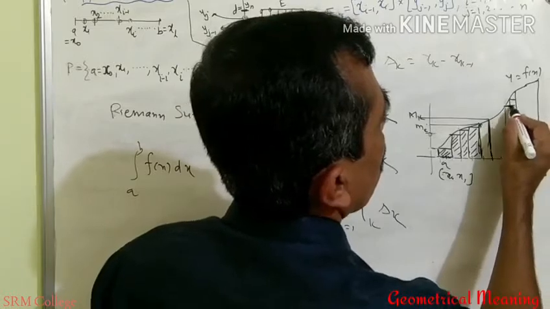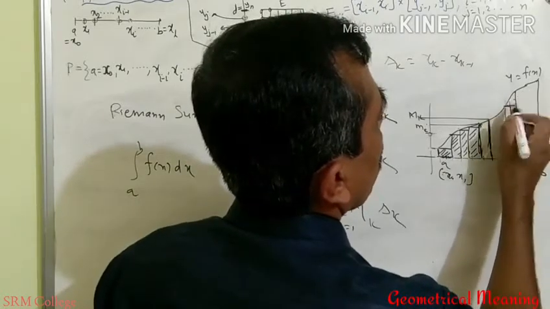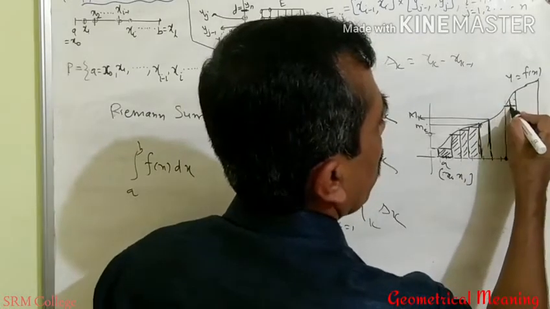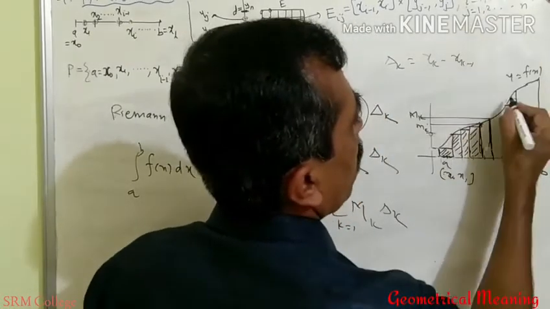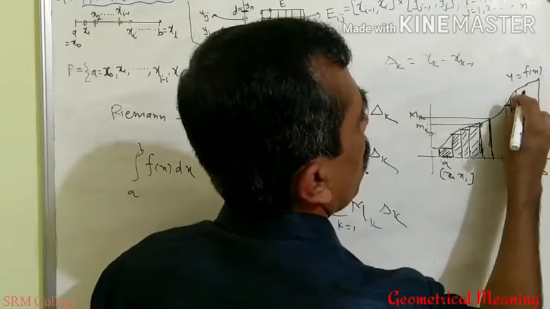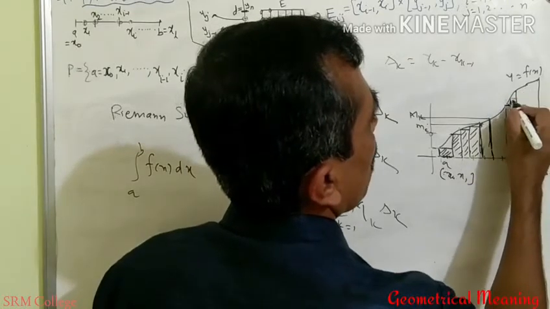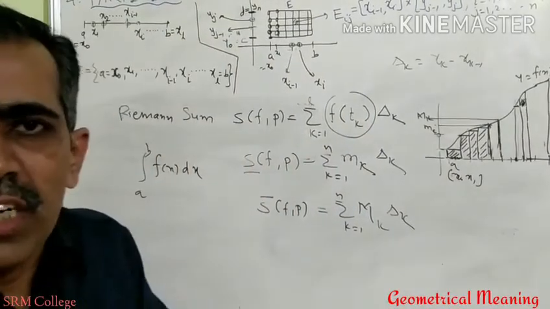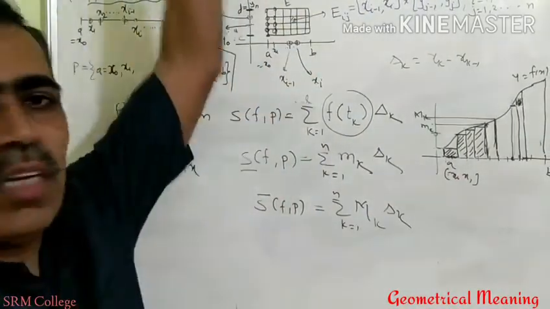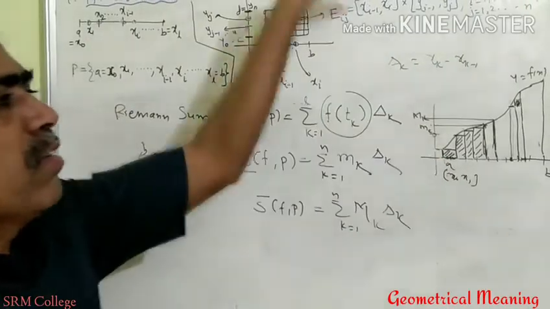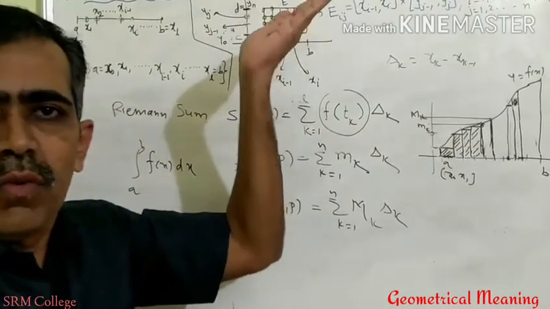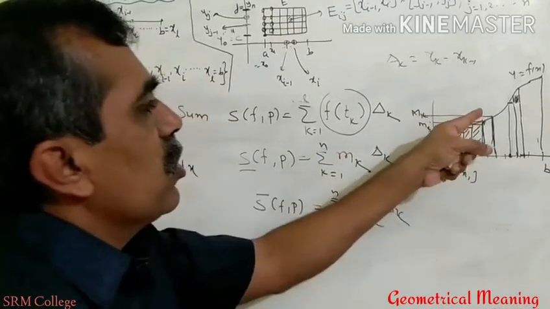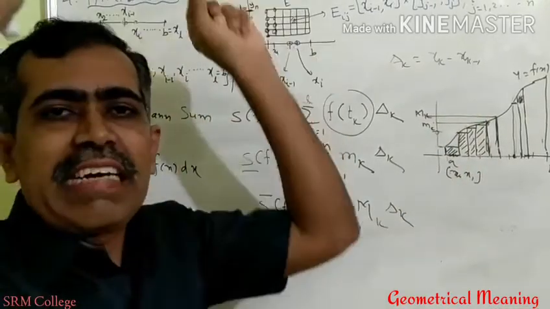Because of the point I have this line, and because of it I have this area. So this much area is added to the previous one. So refinement of a partition increases the lower sum. This is how refining a partition will increase the lower sum.